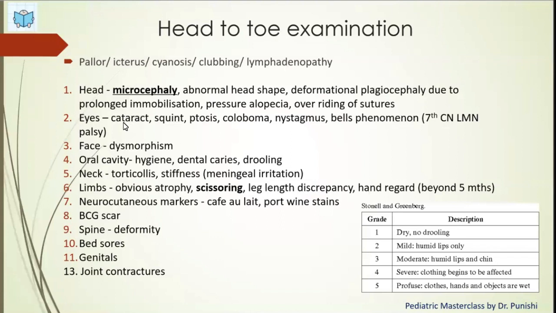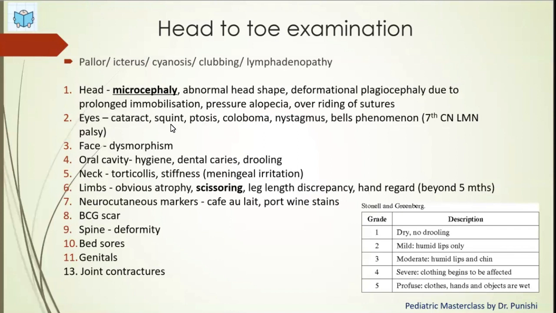When you look at the eyes, after the head, the next important examination would be the eyes, to look for cataract, squint, ptosis, coloboma, nystagmus, and Bell's phenomenon. Cataract, for example: TORCH infections, rubella, can lead to CP, and do have cataract. Squint is another important examination that we'll be looking at when we see the cranial nerves.